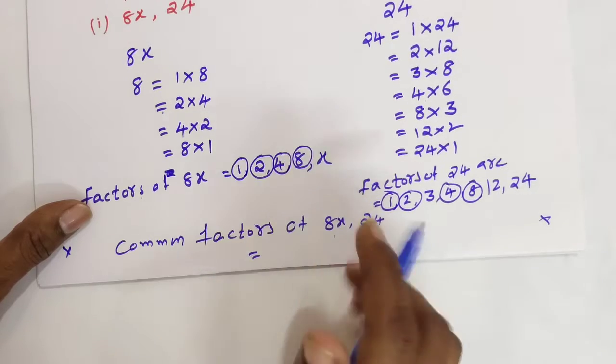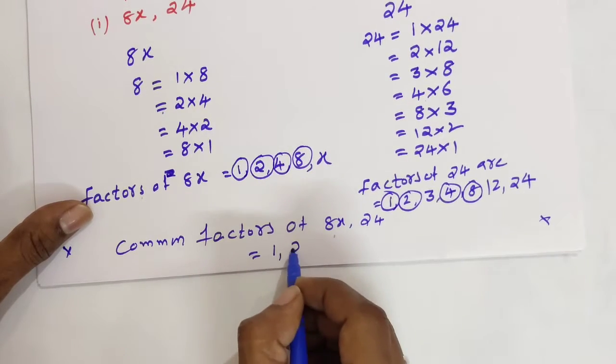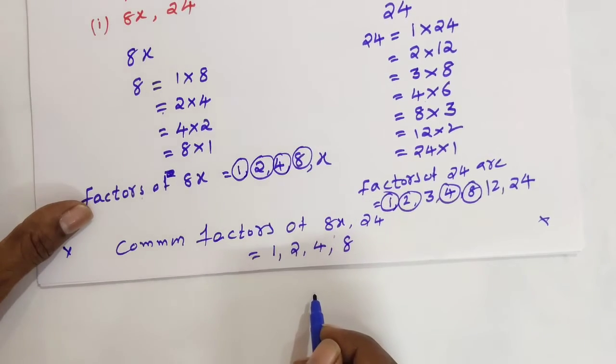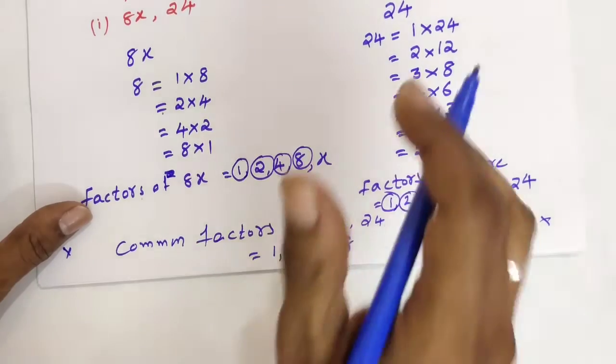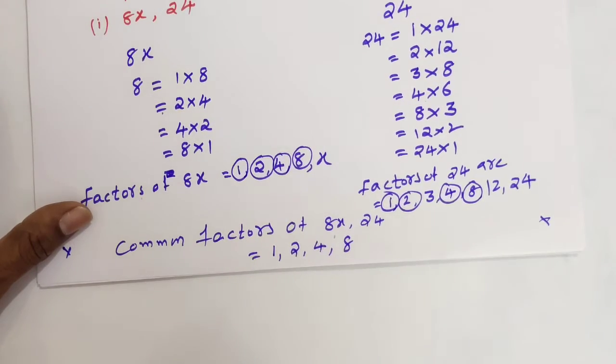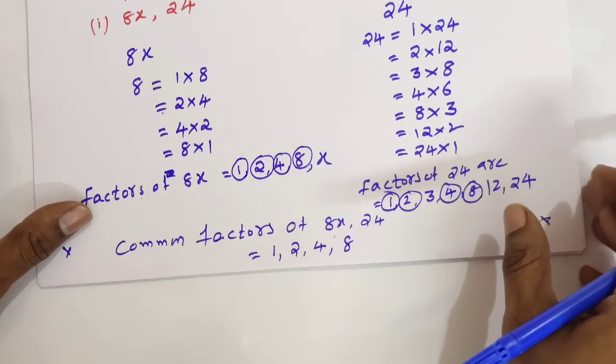Okay children, now the common factors are 1, 2, 4, 8. This is a method how to find the common factors of the given terms.